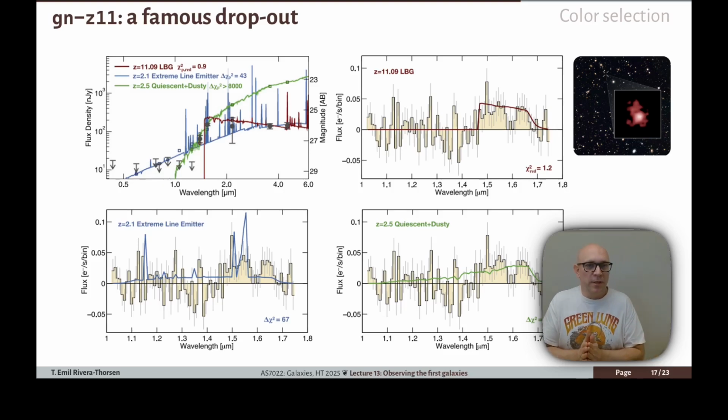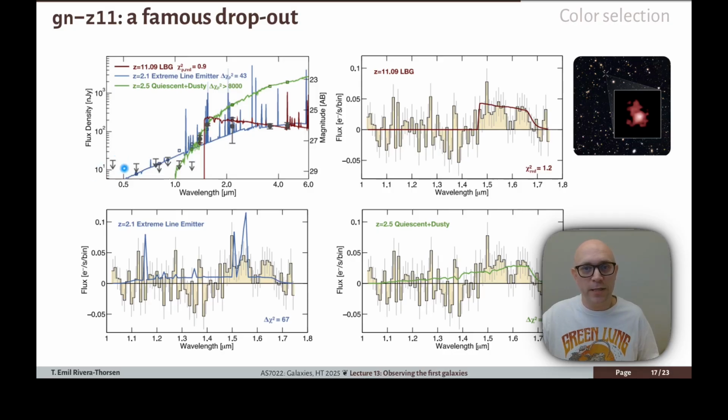One example of the dropout technique is this one that was for a long time the most distant galaxy that we had a confirmed redshift for, called GN-z11, which is called what it is called because it has a redshift of 11. And so what people did there was basically that they observed, as you can see here in the upper left window, in a bunch of filters.